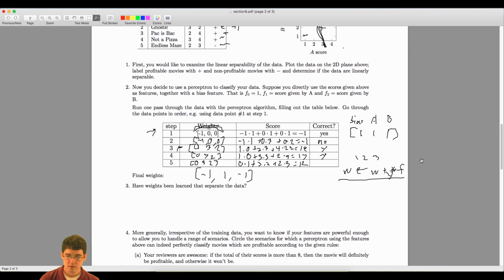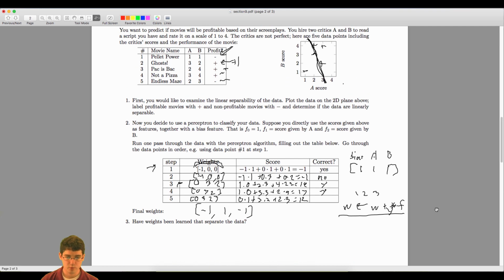For point number 1, the feature vector was 1, 1, 1, and we do the dot product: -1 times 1 plus 1 times 1 plus -1 times 1. We have 2 negatives and 1 positive, so we get a -1 here. The thing we wanted was a negative, so this is good.